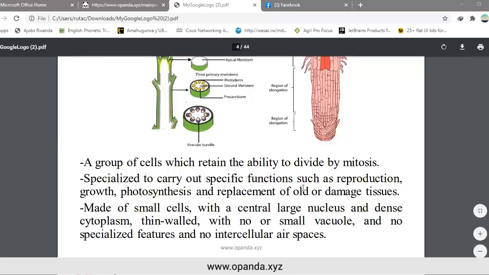They are made of small cells with a central large nucleus and dense cytoplasm, thin walled, with no or small vacuole, no specialized features, and no intercellular air spaces.